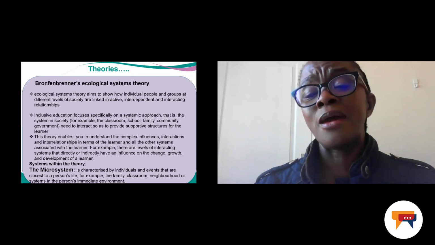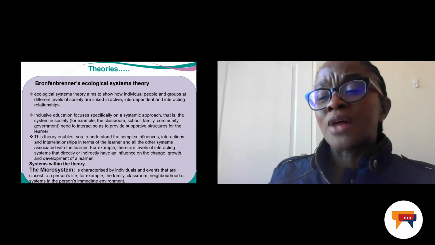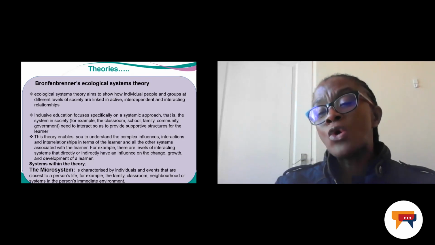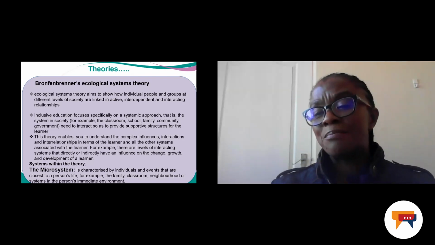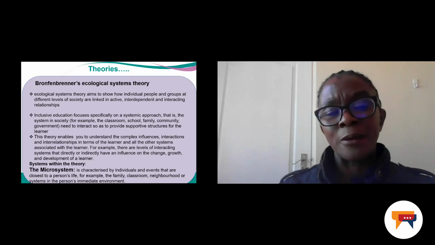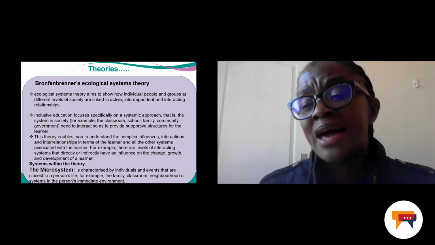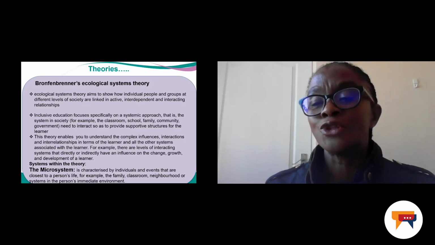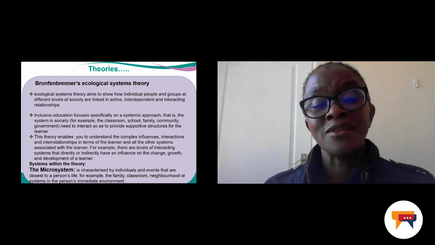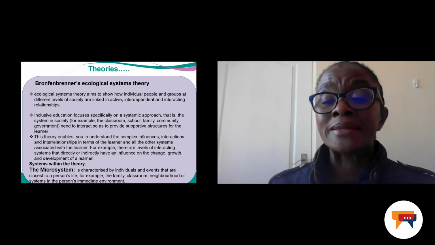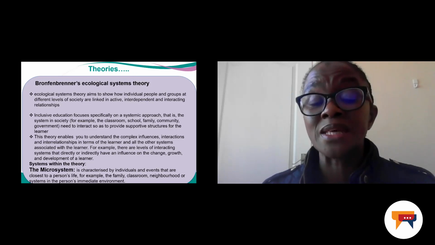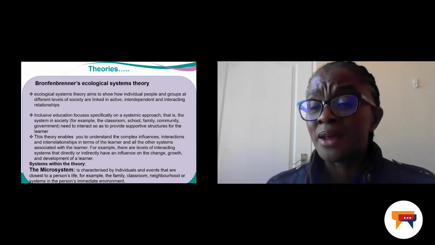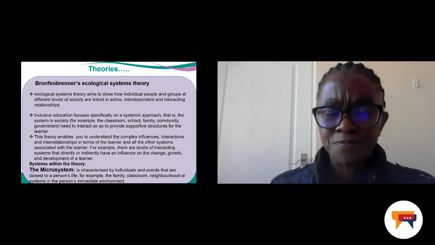This is a theory that shows how support can be provided, or how you can identify barriers from different levels, and thereafter you work together from those different levels to provide relevant support. That is why we say it looks at how individuals and groups at different levels of society are linked in active, interdependent, and interacting relationships.